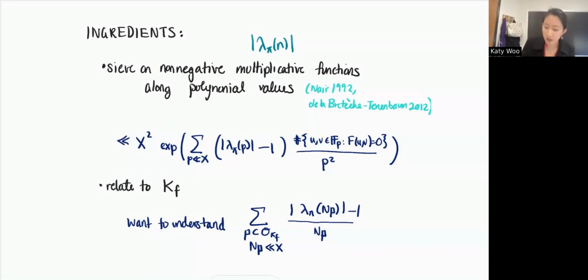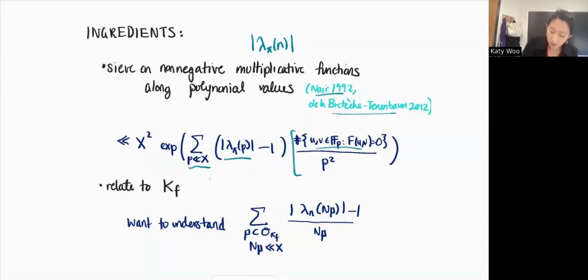And this sieve comes from Nair, originally in 1992, but the version we'll use is by de la Bretèche and Tenenbaum for binary forms. And so it shows you can bound it by x squared times the exponential of the sum over primes up to x of the size of lambda of p minus 1 times the local density, so the number of solutions mod p to this equation over p squared.